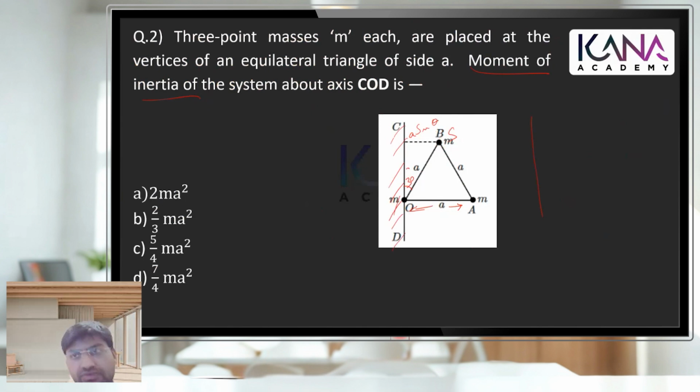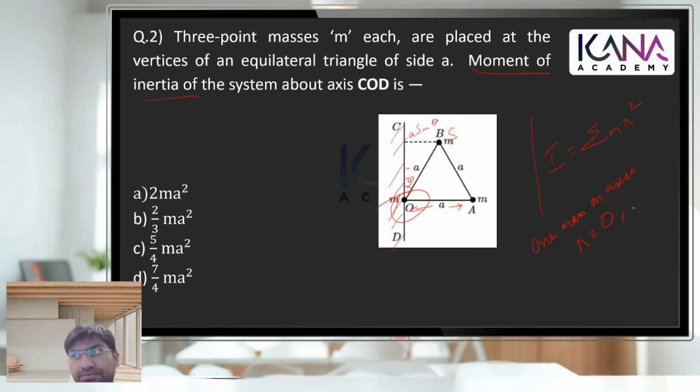For this, the formula is m r square, where r is the perpendicular distance from the axis. One mass is on the axis, so its r value is 0, and that will get cancelled.